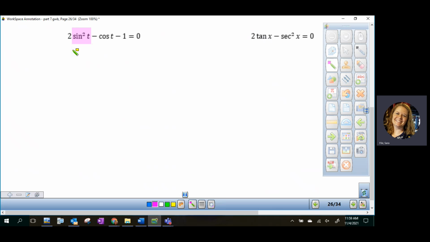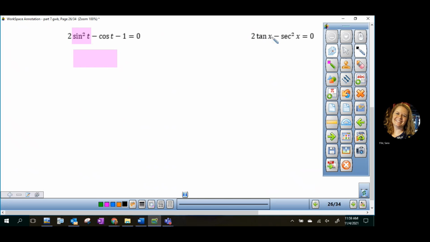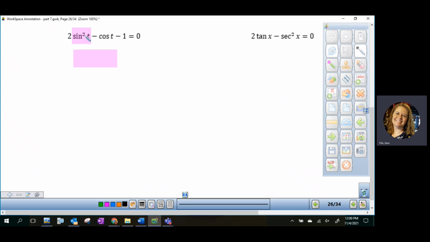A Pythagorean identity. Does anybody remember what the Pythagorean identity was? It was sine squared plus cosine squared equals 1, right? So if I need to rearrange that to know what sine squared is equivalent to, that means the cosine squared got subtracted over to the other side. So it's 1 minus cosine squared of t.